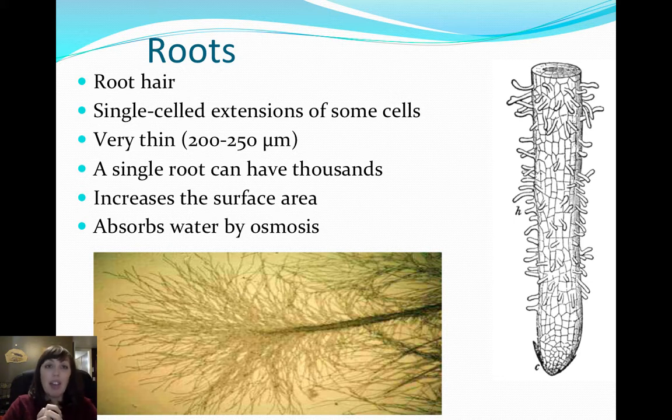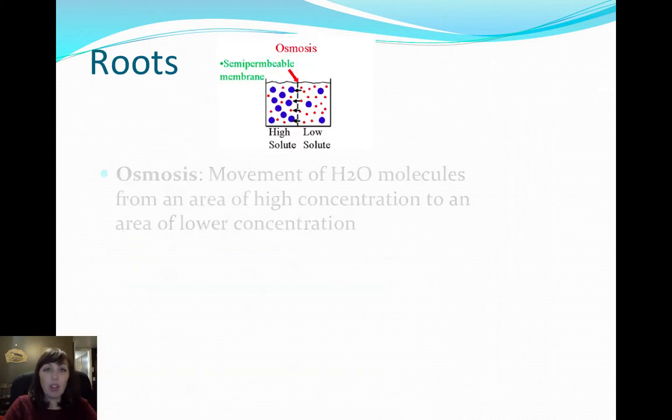A single root can have thousands of root hairs. And what it does is it increases the surface area and absorbs water by osmosis. So if you look at this, you can see the root and then all of the little hairs that are coming out into the soil, which is obviously increasing surface area and allowing more water to be diffused.